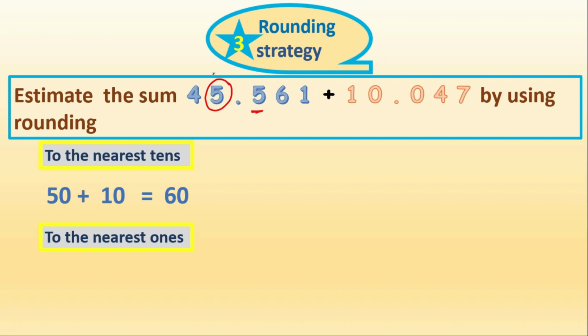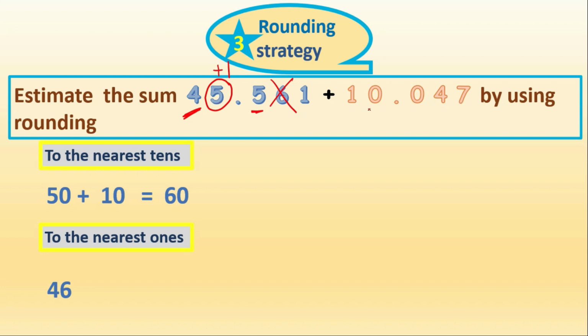Group 2, so it will add 1. Don't forget 4 is still the same without any change, and then 5 plus 1 equals 6. So the number will be 46. And also say bye bye to the decimal part. Okay, the next number, 10 and 47 thousandths.